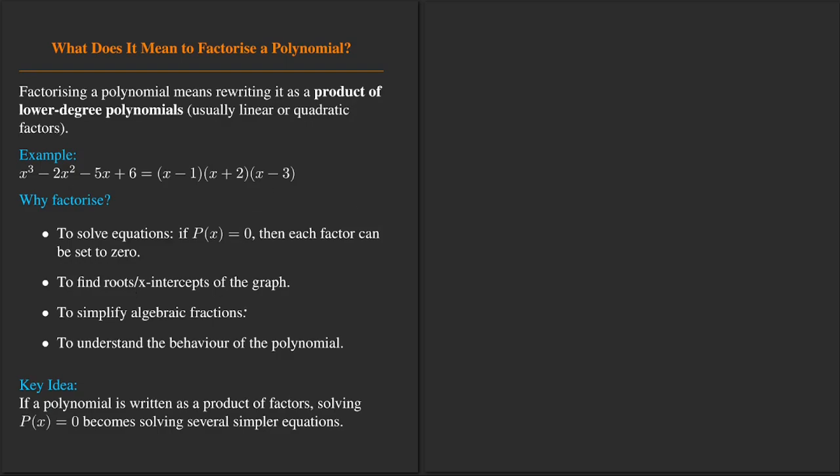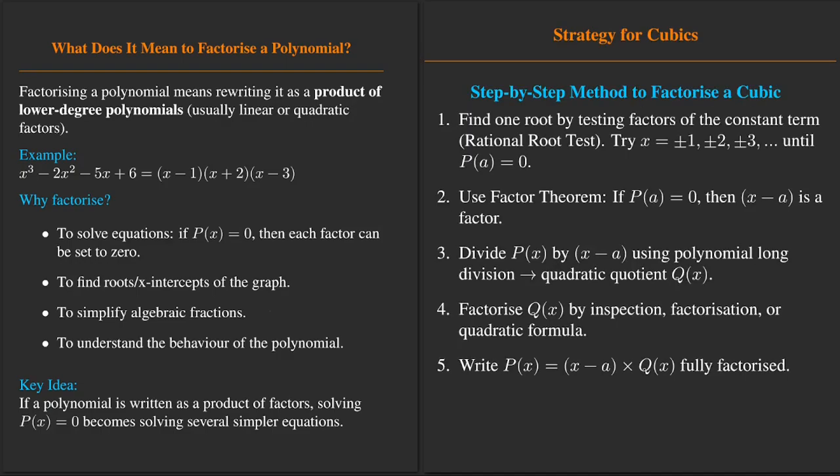We factorize in order to be able to simplify algebraic expressions or functions or fractions. And we also factorize to understand the behavior of polynomials. So in a nutshell, the key idea is if a polynomial is written as a product of factors, we quickly solve for its zeros. It helps us to solve for its zeros.